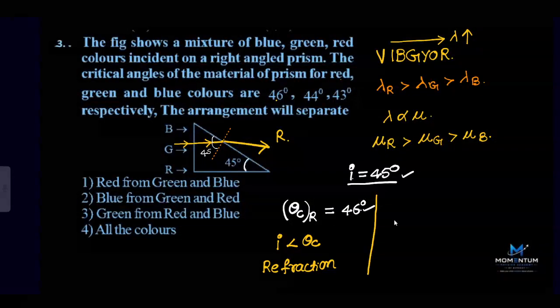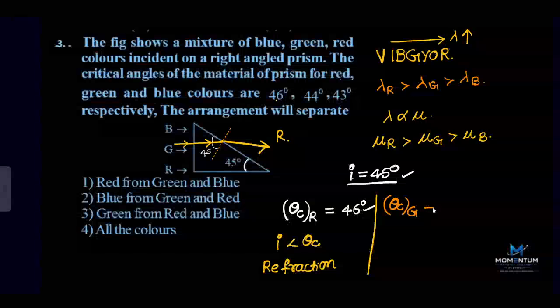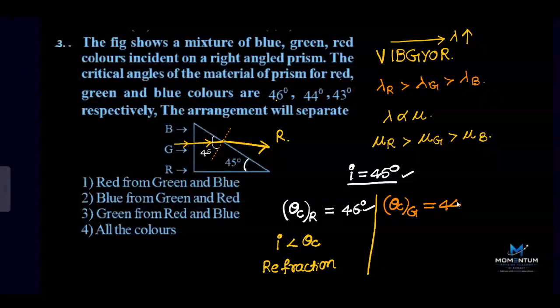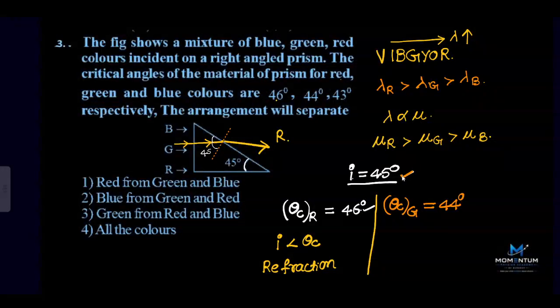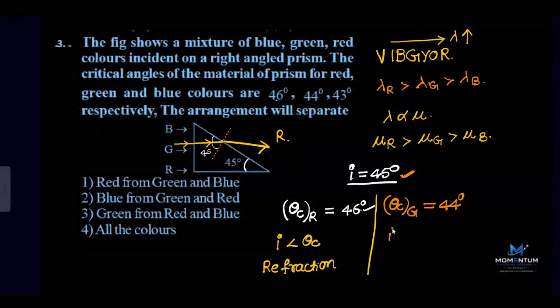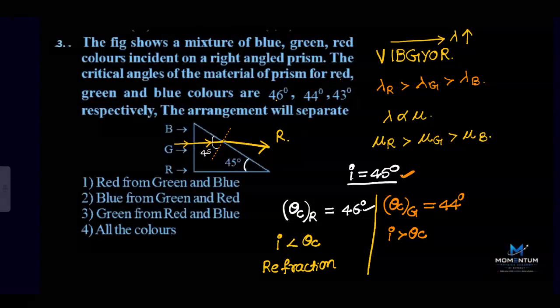Next, the critical angle for green. How much is it? Green is 44 degrees. The angle of incidence is the same. Is it greater than the critical angle in this case?